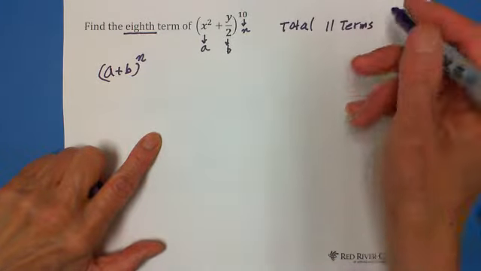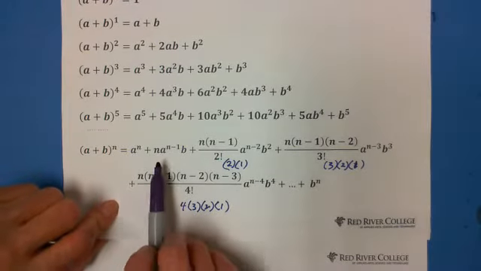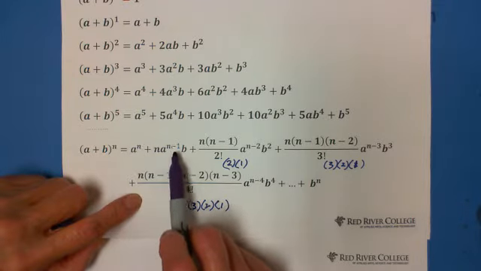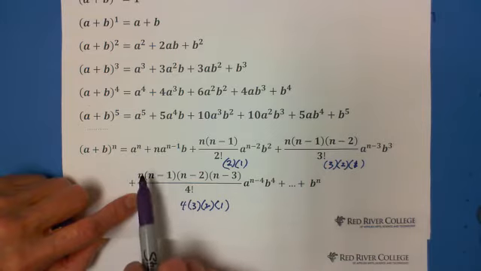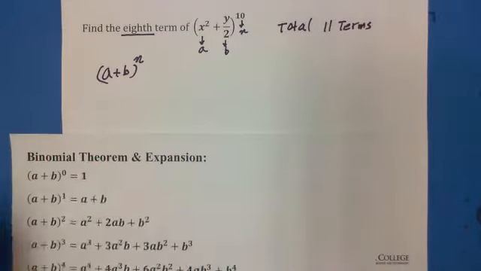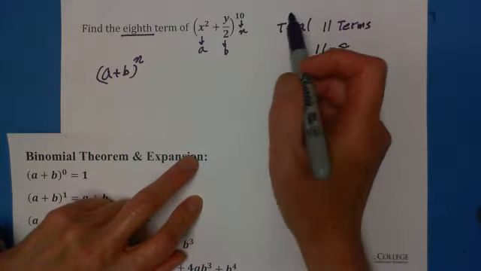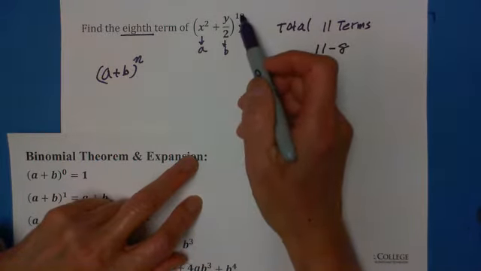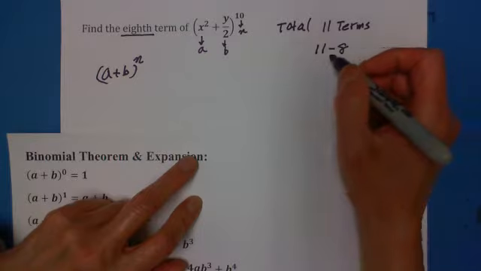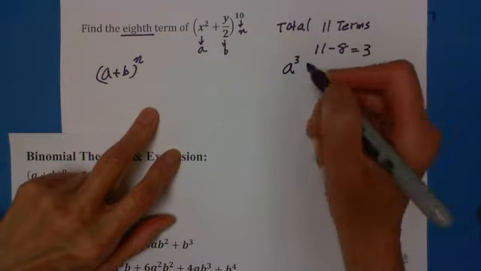Looking at the binomial theorem formula, a is in descending form, from the 10 exponent down to the 0 exponent, which is 11 terms. For the eighth term, 11 minus 8 equals 3, so a is to the 3 exponent.